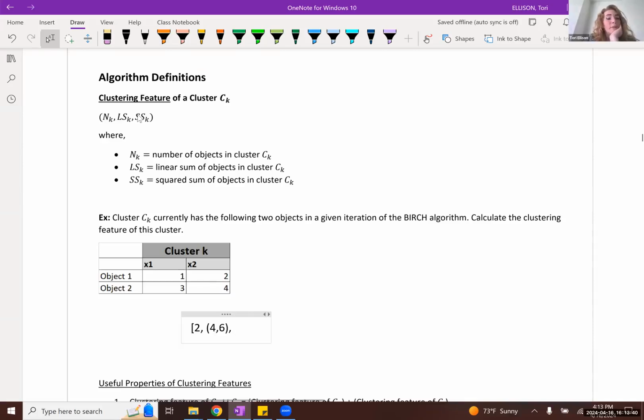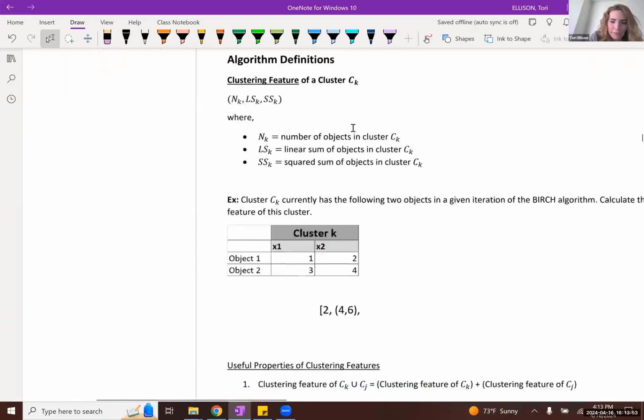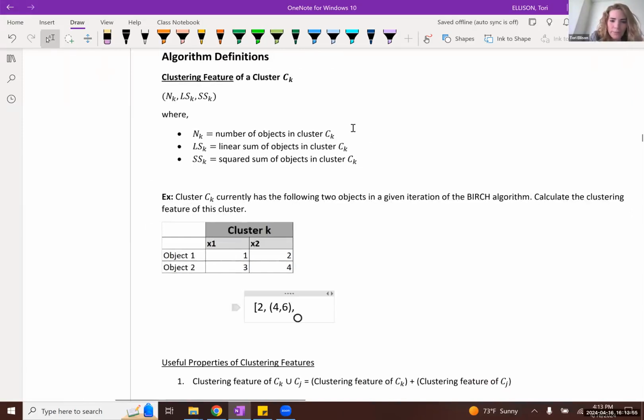And then finally, the third element of the CF for a given cluster is the squared sum of the objects in that particular cluster. So we simply square each of these elements here, and we add them up. So we end up getting 10 and 20.